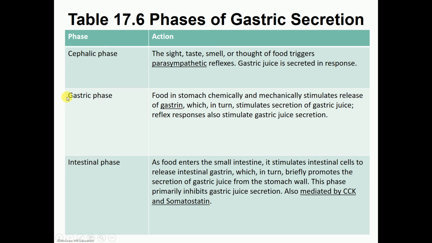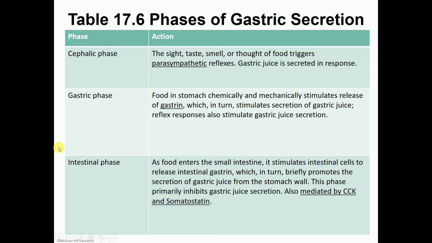Now the gastric phase means that there is already food in our stomach. Okay, again, we talked about how that stretch of the stomach, especially if it's protein and fat, will lead to the production of gastrin hormone that further stimulates gastric secretion. So you see in these two phases, whether it's cephalic or gastric phase, we are increasing gastric secretion.